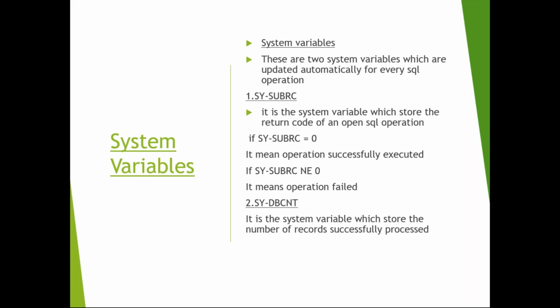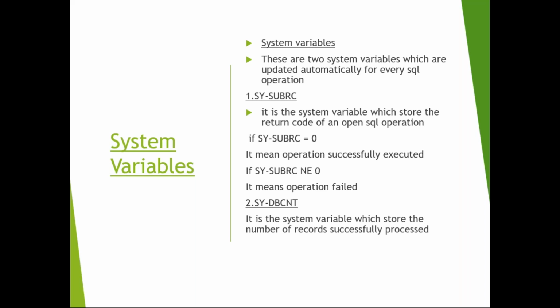If it is other than 0, like 4, 8 or any other non-zero value, it means the operation has failed. So this is a system variable given by SAP to check every SQL operation, whether it is modify, update, delete, a select statement or an insert statement. All of these statements, whether executed successfully or not, you have to check by using this system variable, that is sy-subrc. Okay.